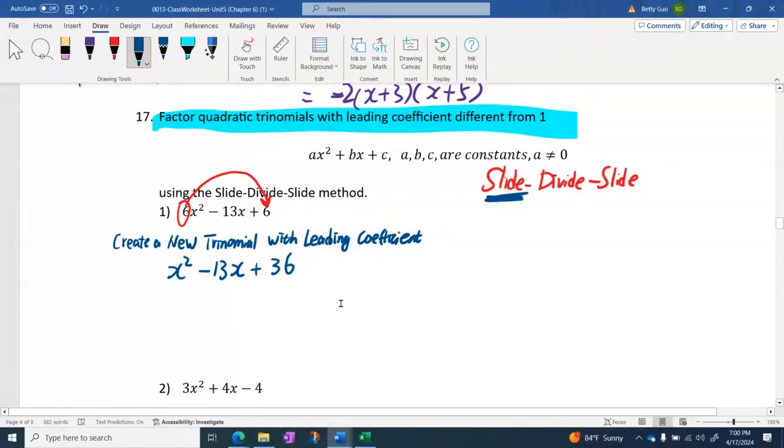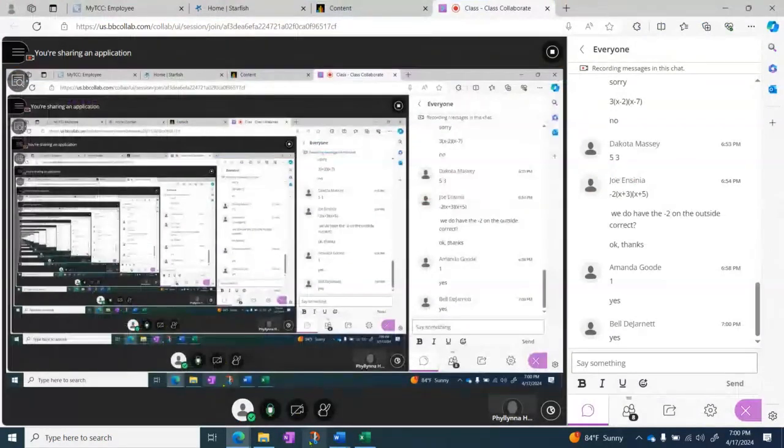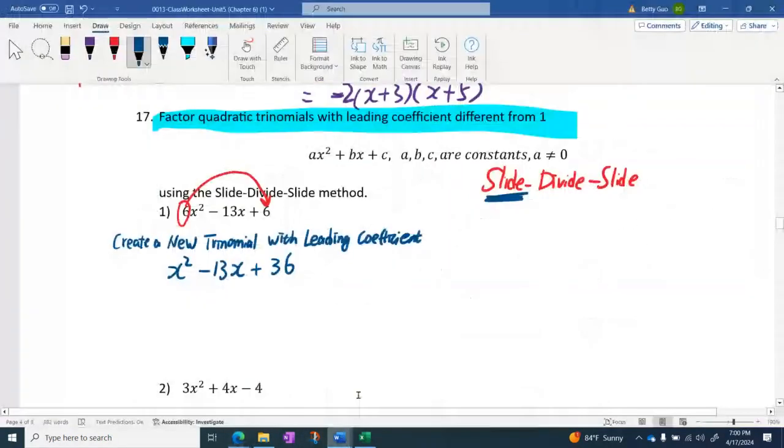Let me know, am I clear about the first step, slide? If the leading coefficient is different from 1, we slide it away. Slide 6 away, then there's nothing in front of x squared. And the constant becomes the leading coefficient multiplied with the constant term. Okay, awesome. Thank you, Belle.